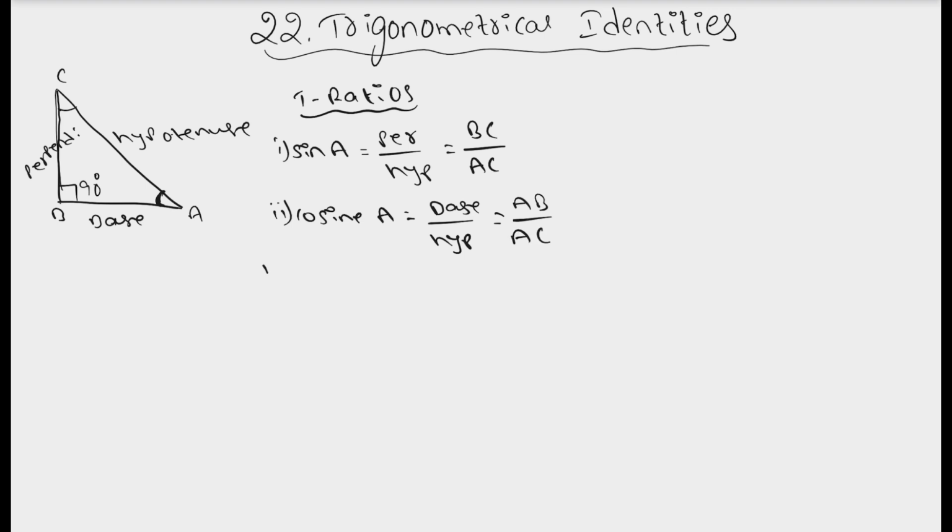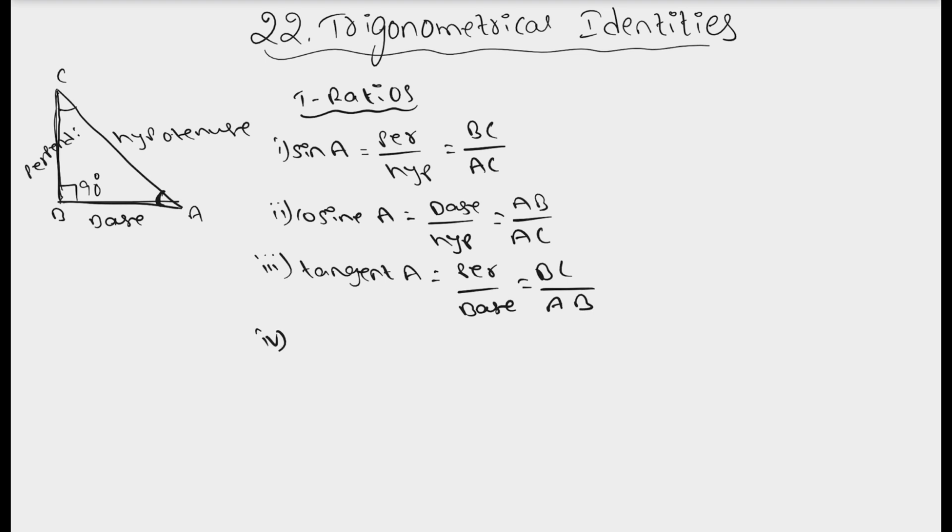The third one is tangent, also called tan, and its value is perpendicular by base: the perpendicular side is BC and the base side is AB.